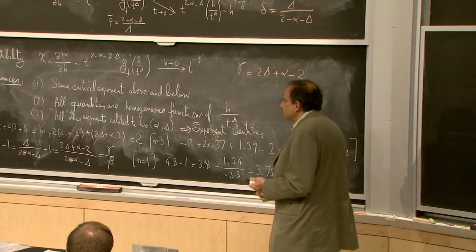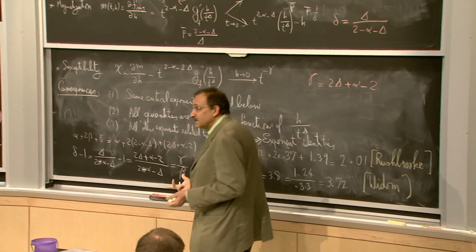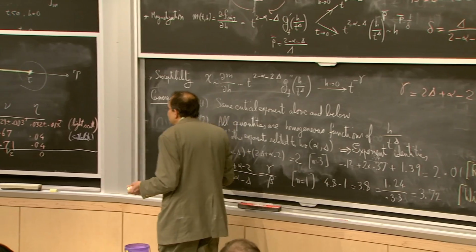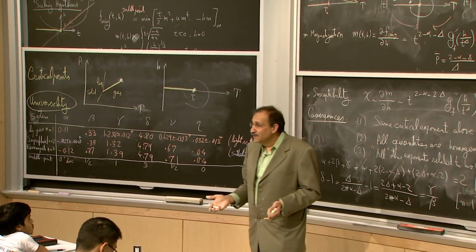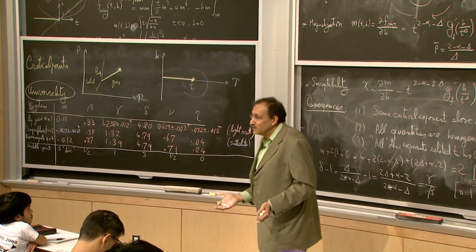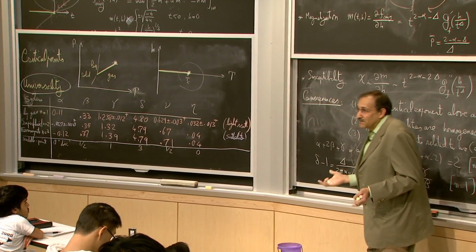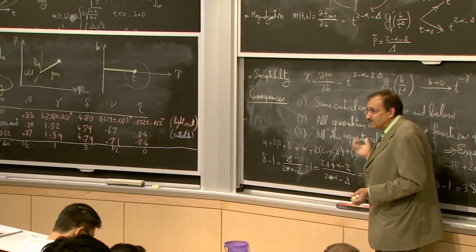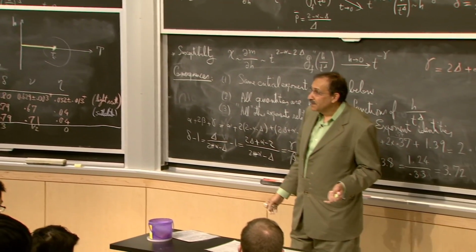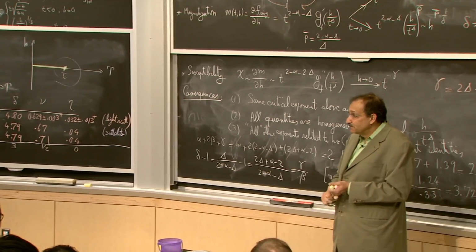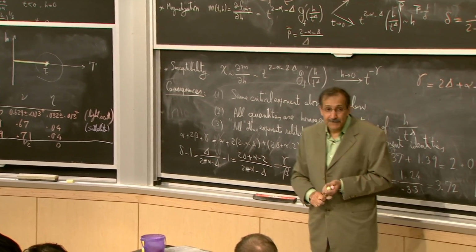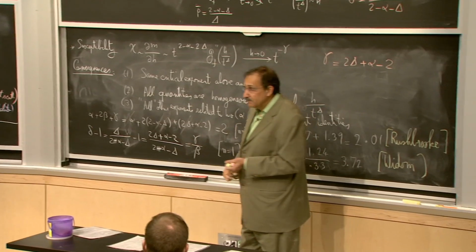But the physics of it is simple. Once you know the singularity of the free energy, various other quantities you obtain by taking derivatives of the free energy. That's 8.3. There's nothing more to that. And so then you will have the singular behavior of all the others.